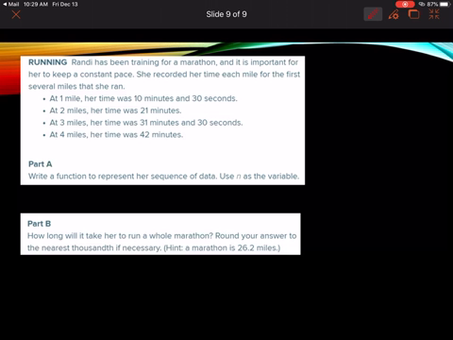So my common difference, my d, is 10.5. Now I can use my equation: a sub n equals a sub 1, which is 10.5, plus n minus 1 times 10.5.